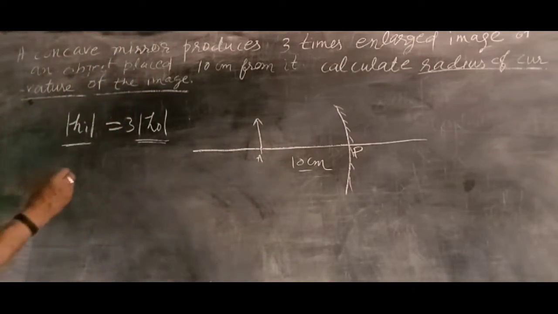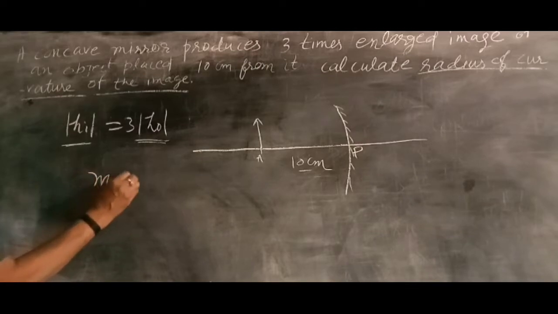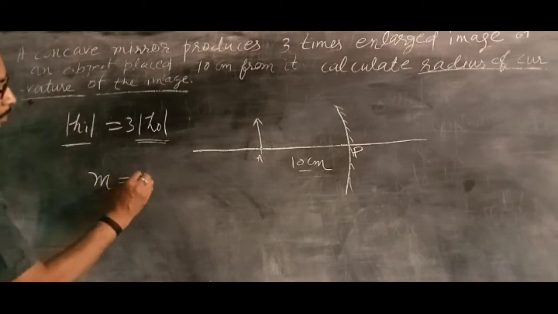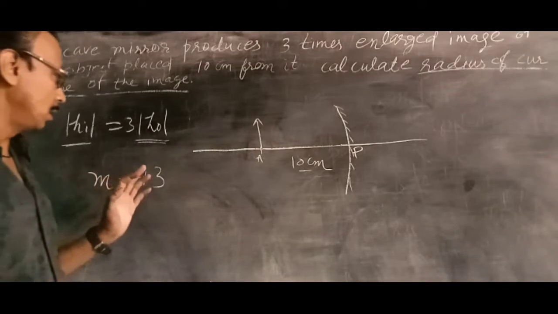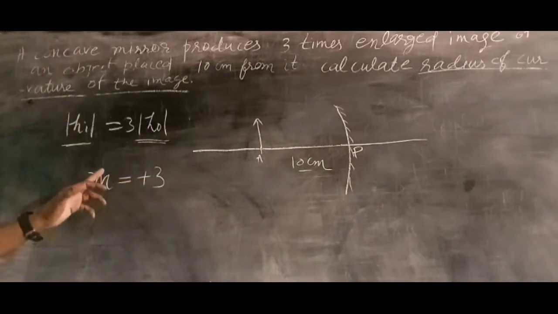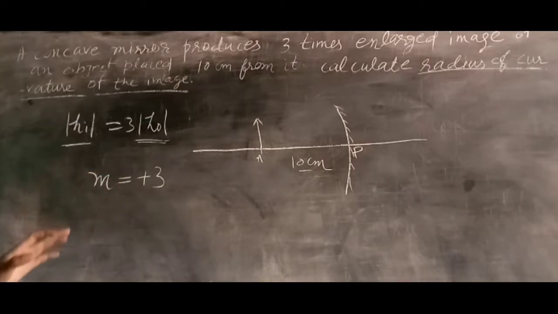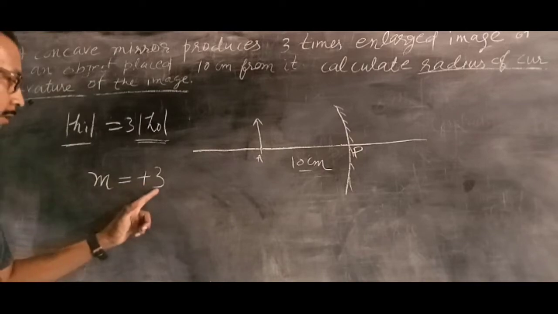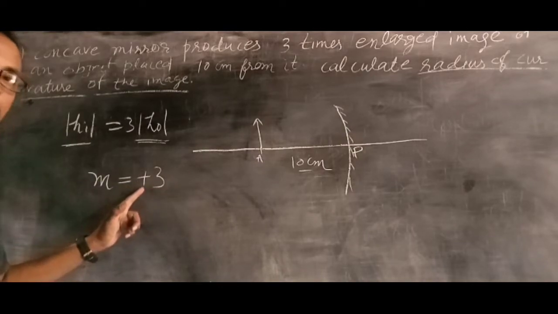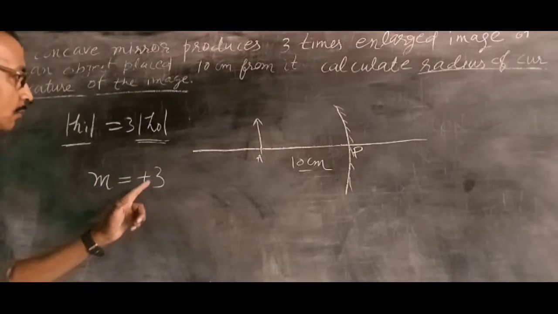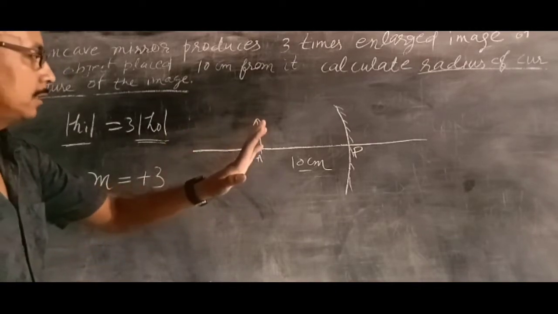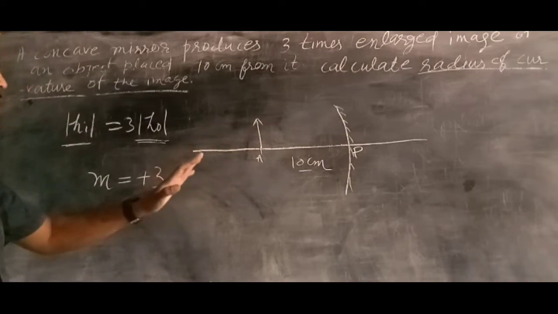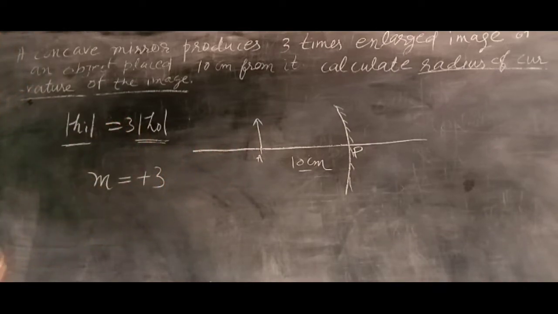First of all, we suppose that m equal to plus 3, means magnification is given 3. Sign is not given, but for both conditions, real, inverted, virtual and erect, concave mirror can form enlarged images.